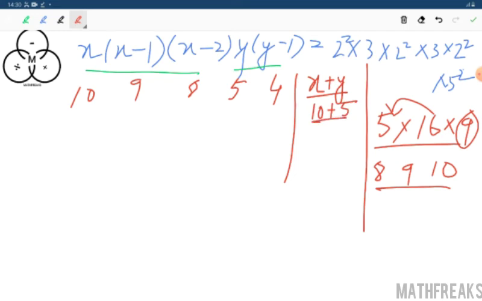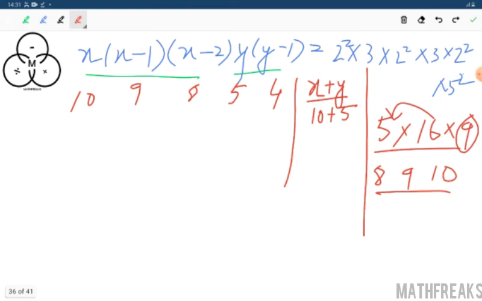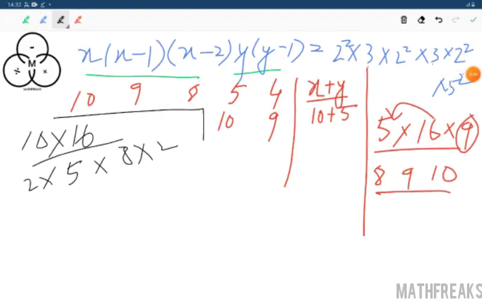Let us sort out another pair. 5, 4, then 9, 10. Let's think. Here y is now 9 and x is 10. Now what are the possibilities? For 9 and 10 this is not possible. You just see why.